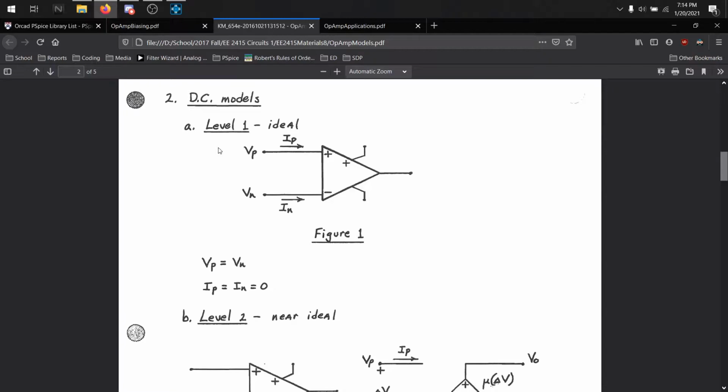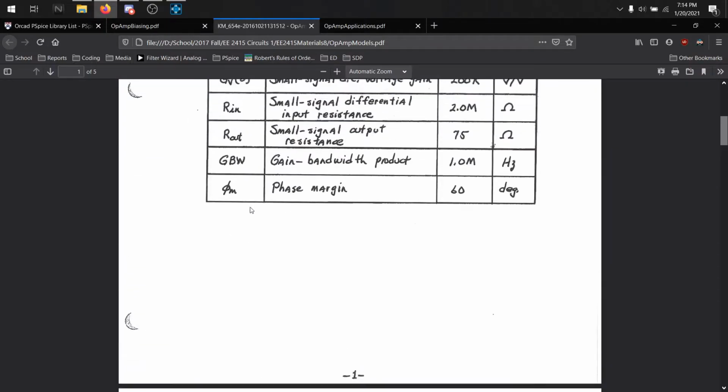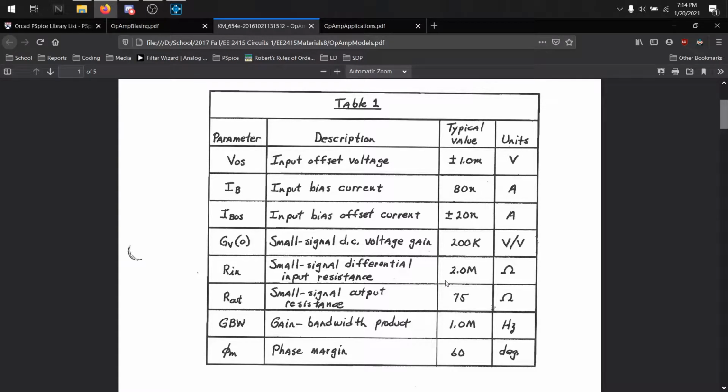VP equals VN, and IP equals IN equals 0. Why is there no current going into the op amp? Because the voltages are the same? No, well, technically there is current going in, but the resistance is supposed to be gigantic. Resistance Rn, you want it to be infinite, super large.